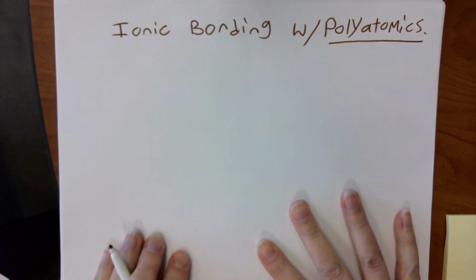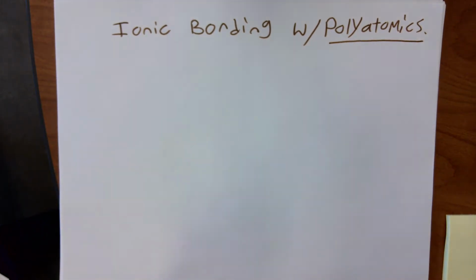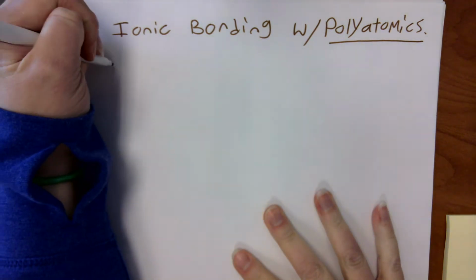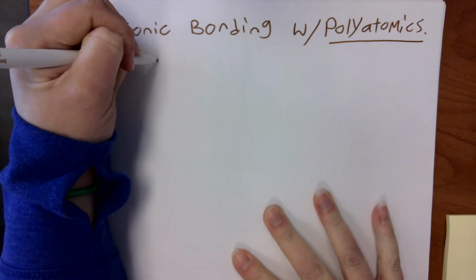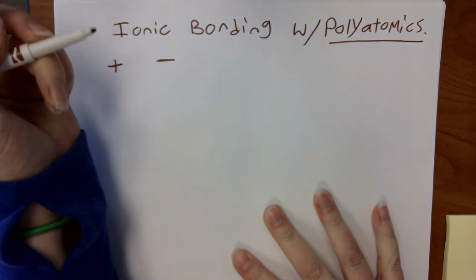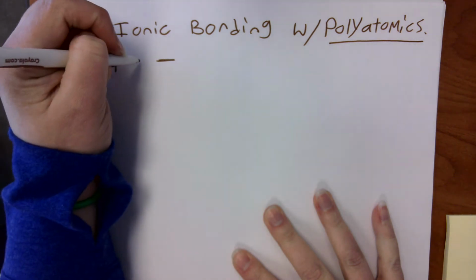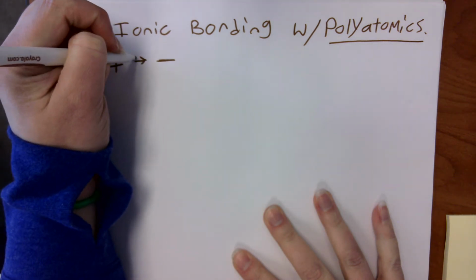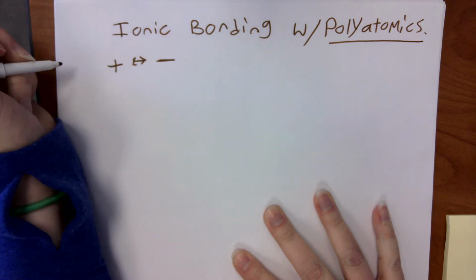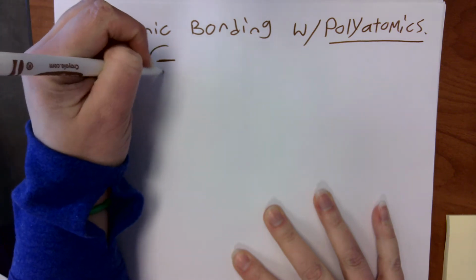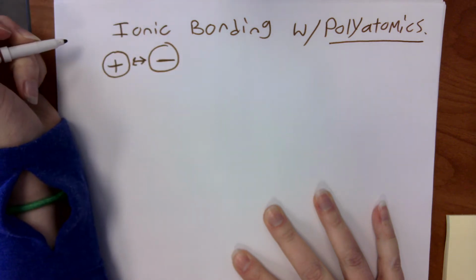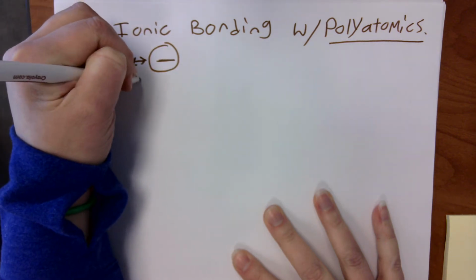We've talked about ionic bonding before: it's usually between one positive ion, or cation, and one negative ion, or anion. They bond together because opposites attract, causing the ions to stick together.